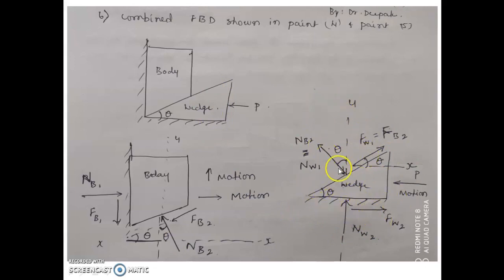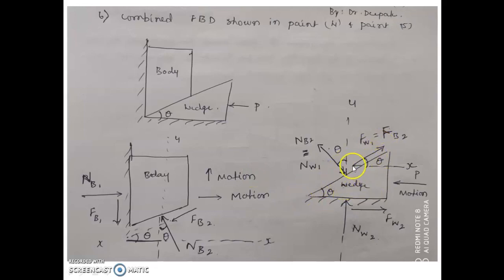Here the reaction NW1 will be acting downwards, because the same reaction is acting upwards on the body. In this case, the same magnitude is acting downwards on the wedge, you can see. And the frictional force, since the wedge is moving towards the left side, will be generated towards the right side on this inclined surface.